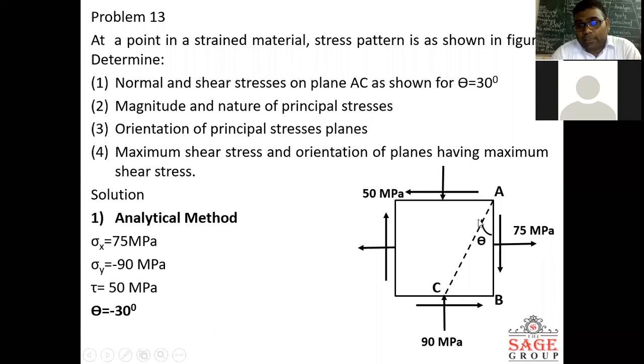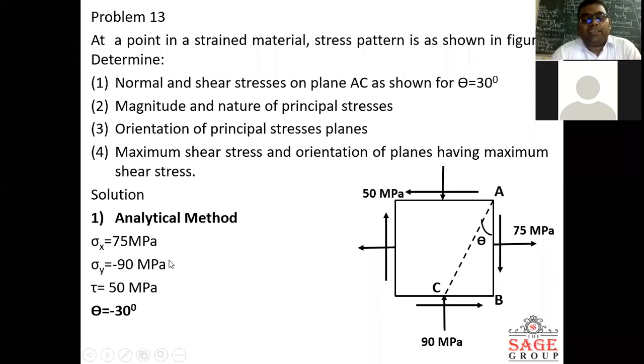The stress applied in the y direction is 90 megapascal. Then also the shear stress developed in this body is 50 megapascal. The direction is mentioned in this diagram.